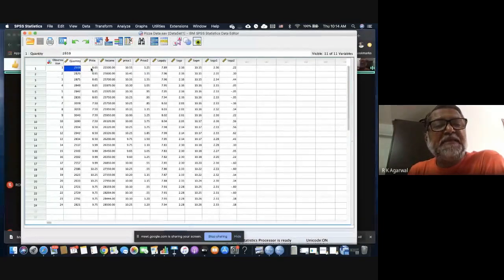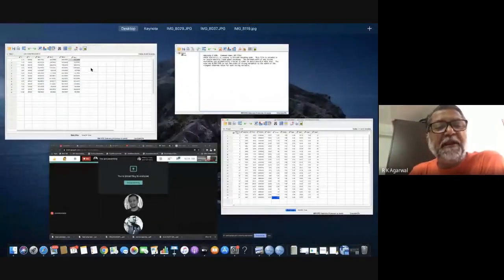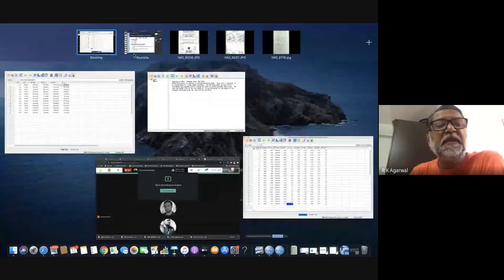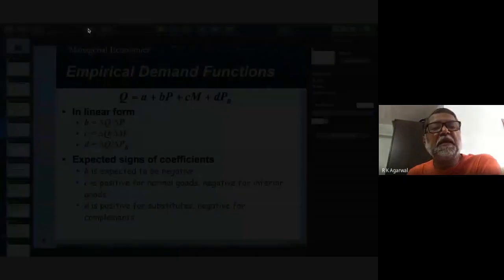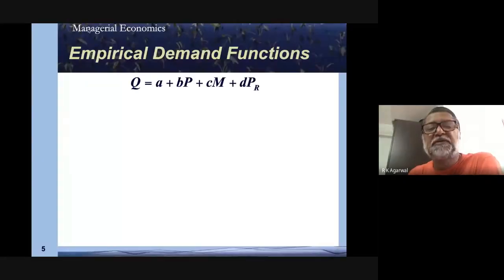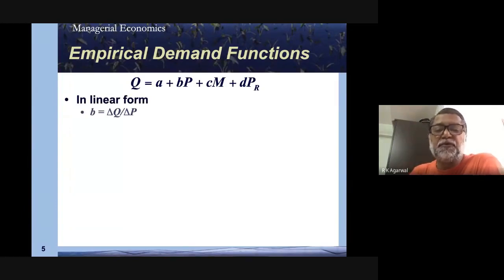On the basis of these data, which we have for 24 days, we can then calculate the empirical demand function, which is of this type, which is in linear form, and we will explain it to you next time.